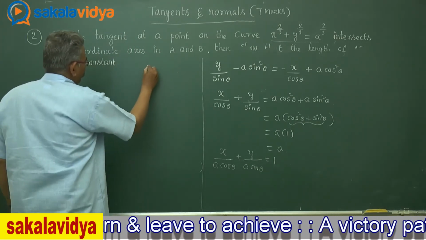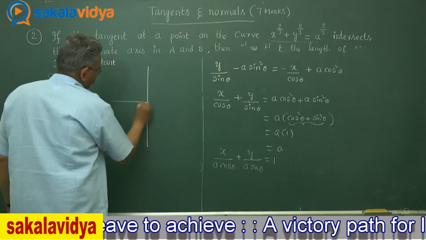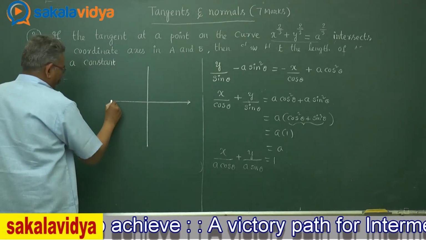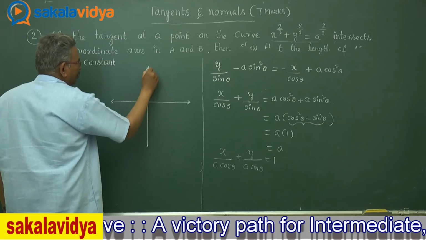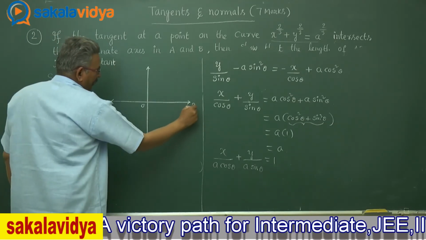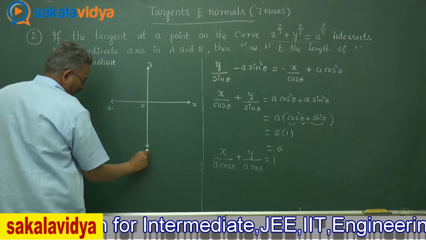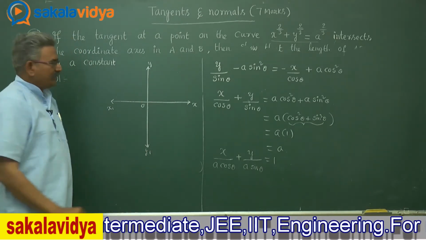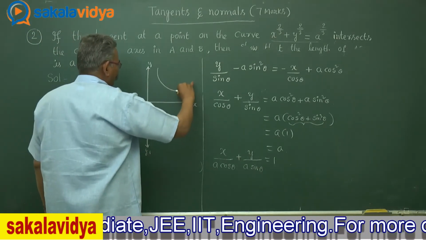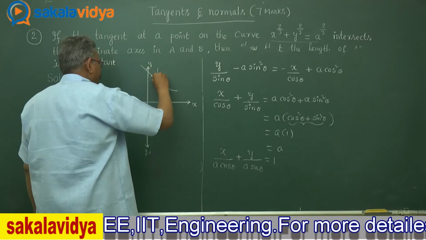See, generally we get the rough diagram like this. Origin, x axis, this is y axis. Suppose this is the curve, and the tangent is drawn like this.